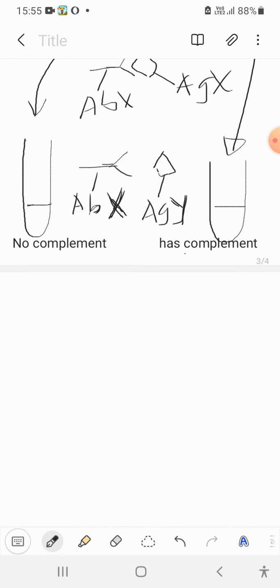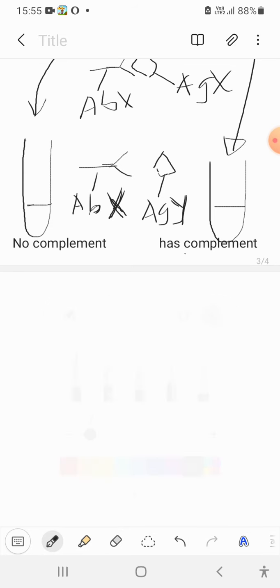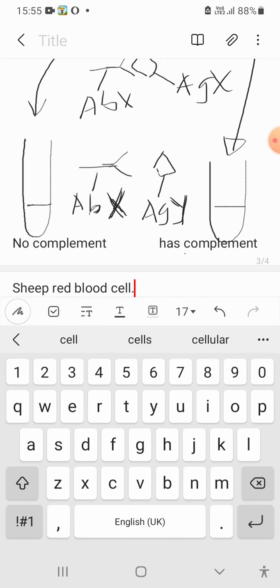So the indicator substance is another antigen antibody complex, but it is different from what we had earlier. It is already prepared. So normally we take sheep red blood cell, and produce antibodies against sheep red blood cell.